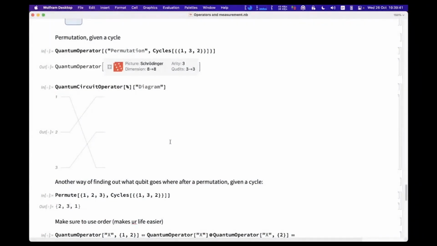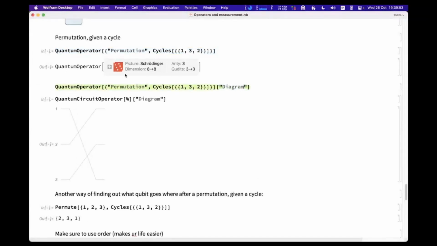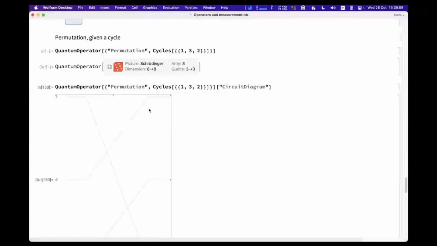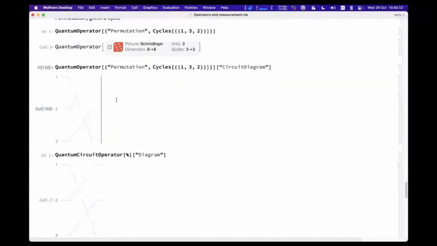For that permutation operator, you can either directly ask for the circuit diagram, which is a property of that operator, or wrap it in a quantum circuit operator and ask for the diagram. Both give you the same thing.